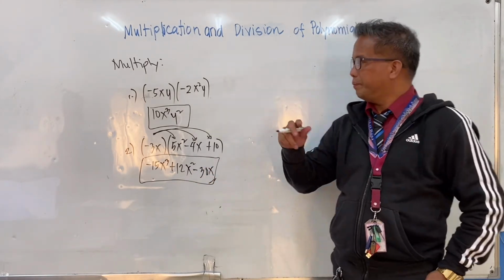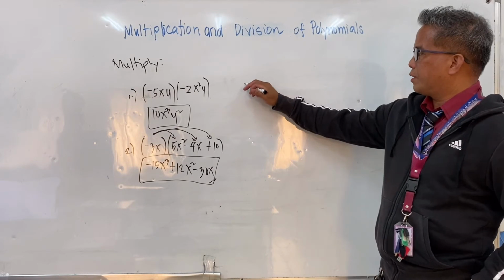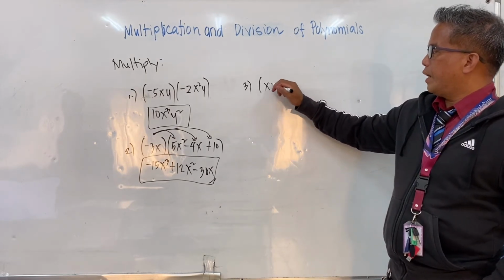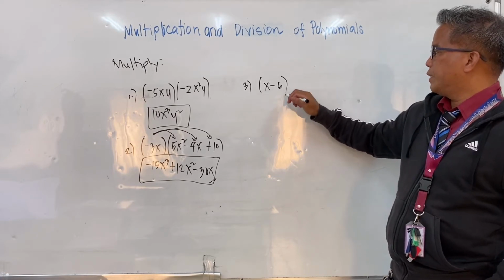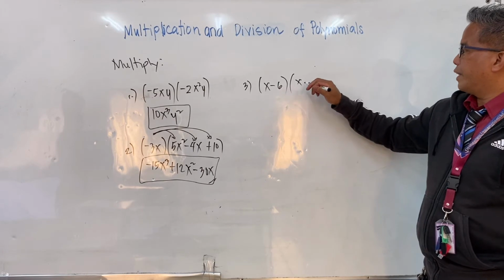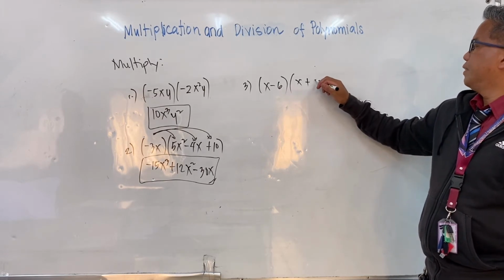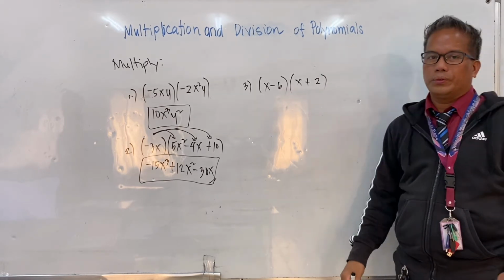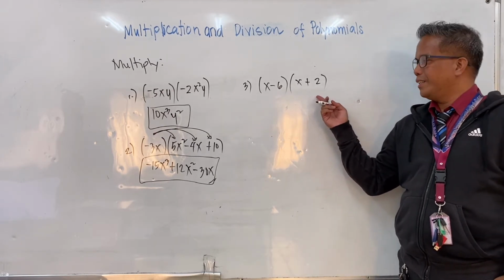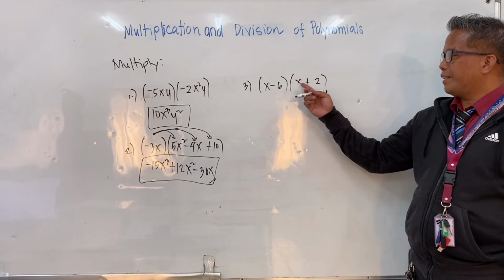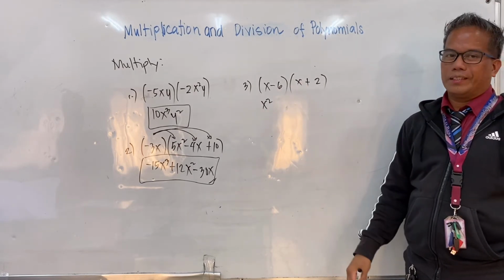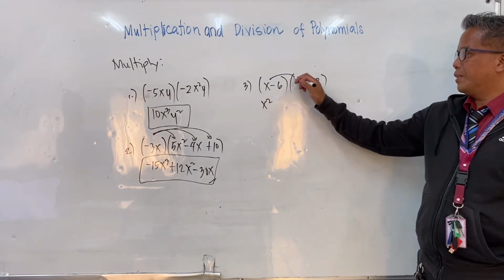Another example. How about if we have this question? Number 3. x minus 6 times x plus 2. Binomial to another binomial. So x times x is equal to x squared. Distribute.